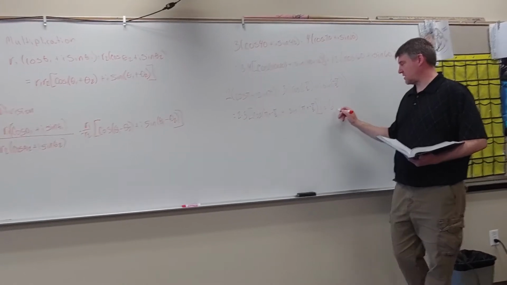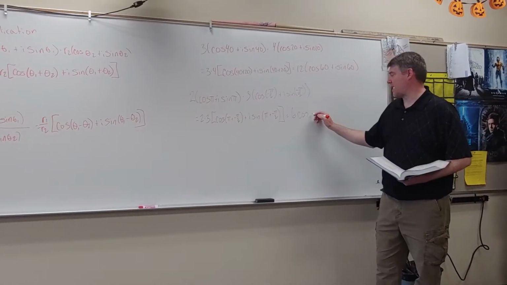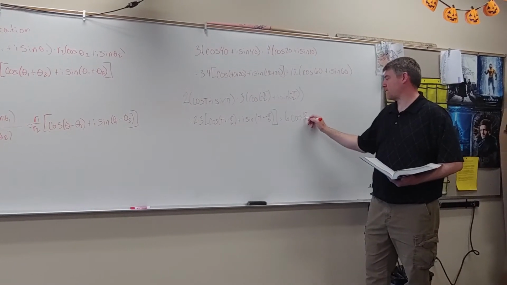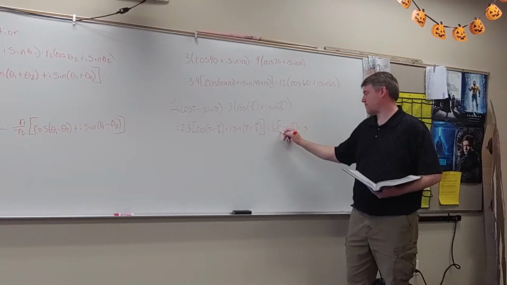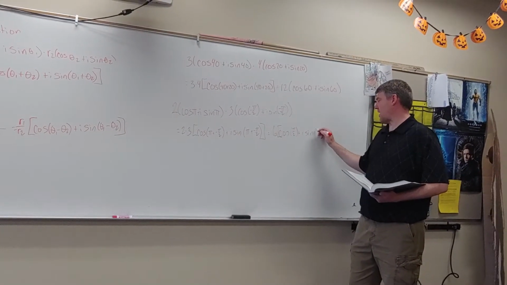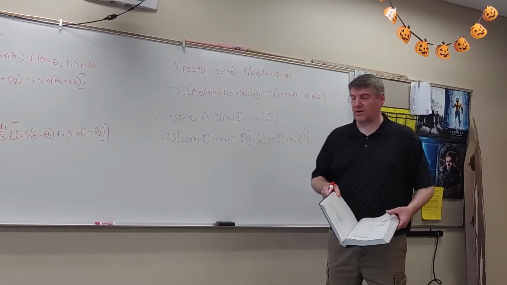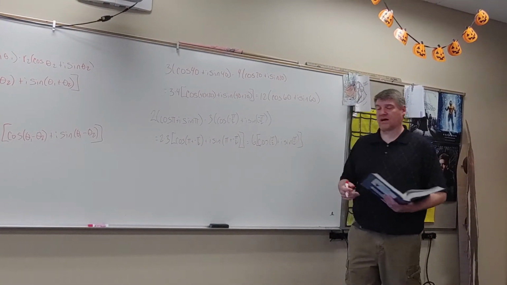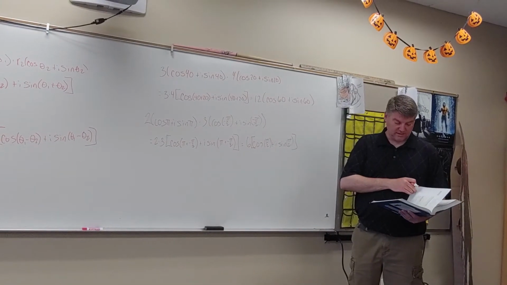All right, so this gives me 6. Cosine of pi minus pi halves is pi halves. And so now I have 6 times the quantity cosine of pi halves plus i sine of pi halves. So that's the product.